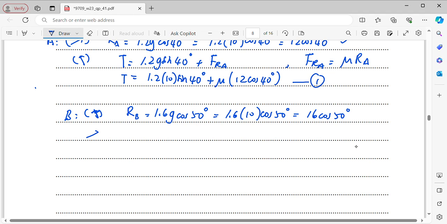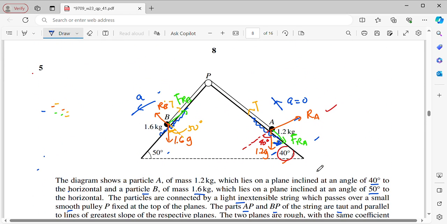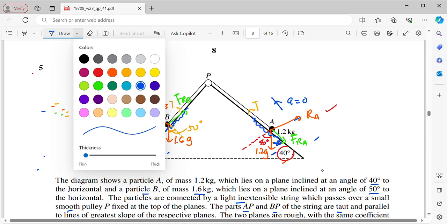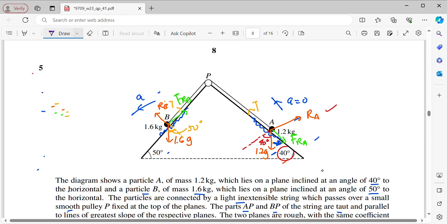Okay, the other one will be parallel to the plane. Now when you resolve, let's see here. I have to resolve this, and for the upwards, you will have T together with the FRB.